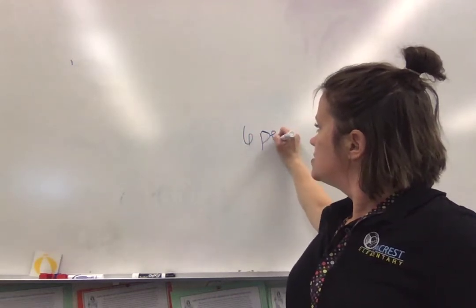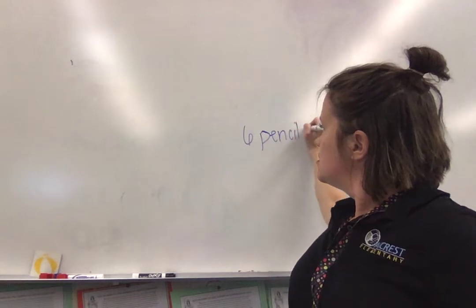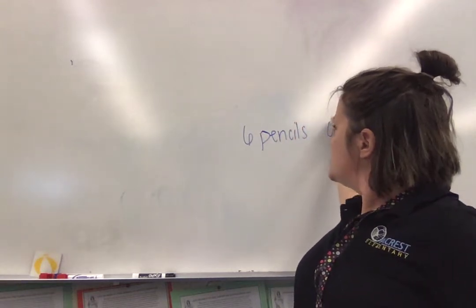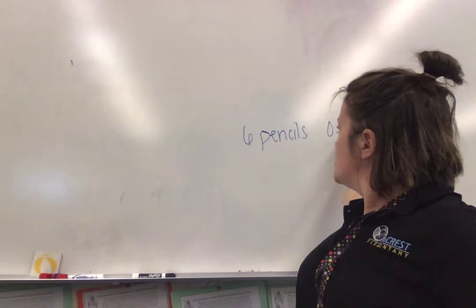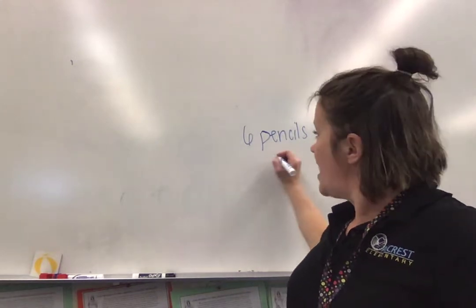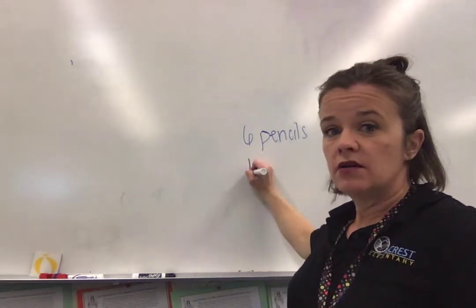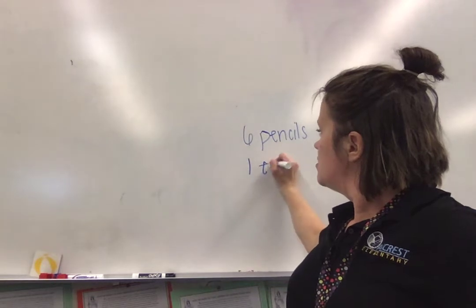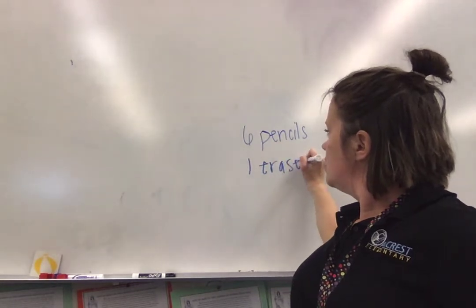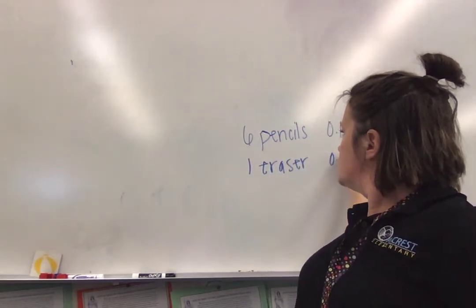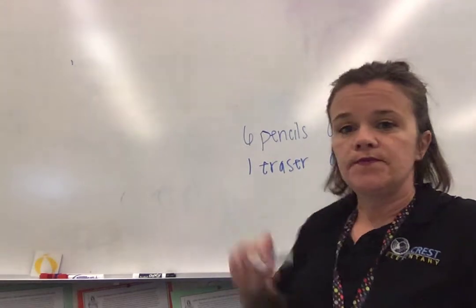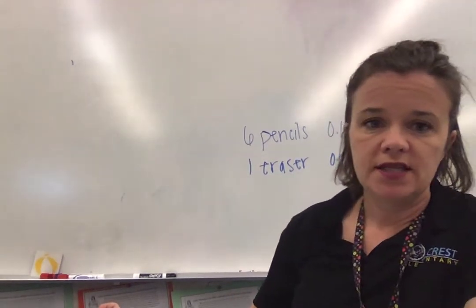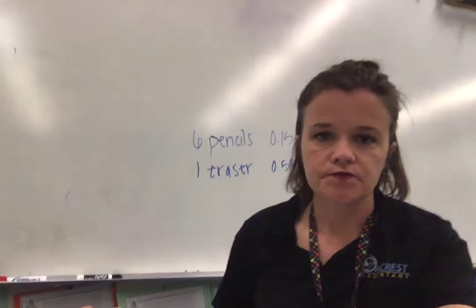I'm just going to write pencils. And they're 15 cents. And he buys 1 eraser for 59 cents. Right? Okay, you can't really see that. Sorry, my head's blocking it.